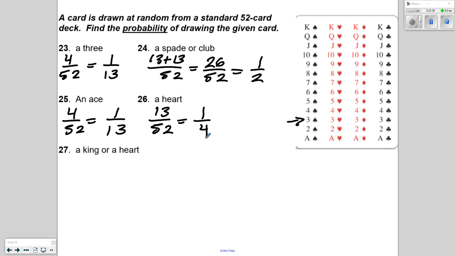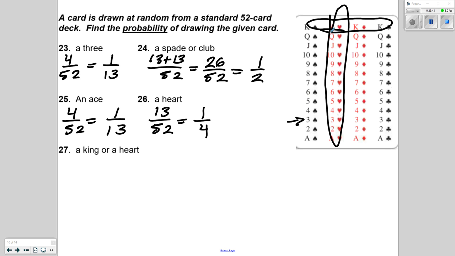For 27, we want to figure out what's the probability of getting a king or a heart. This one's tricky now. So if we circle all the kings, and then we circle all the hearts, notice we can't just add up 4 kings plus the 13 hearts, because we'd be double counting this king of hearts. So there's 2 different things we could do.